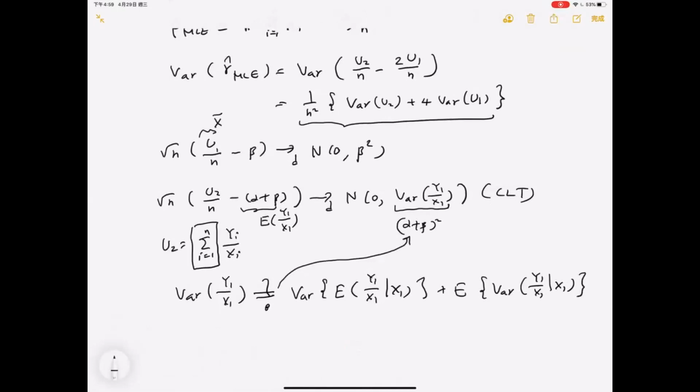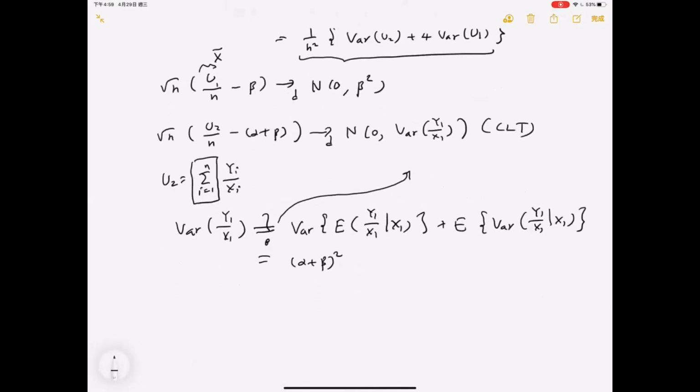So by doing so, let me take a bunch of things out. Hopefully you can see that easily. If I take everything out, I'll write this equals alpha plus beta, then squared.